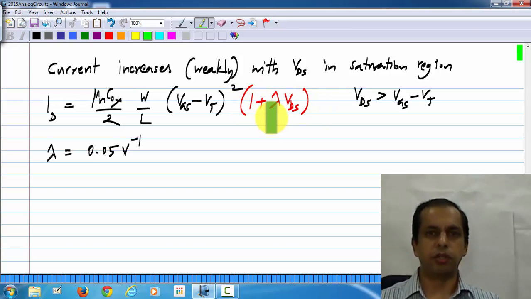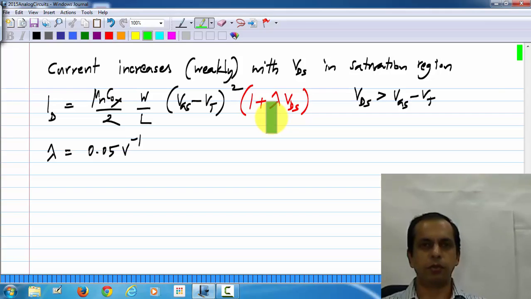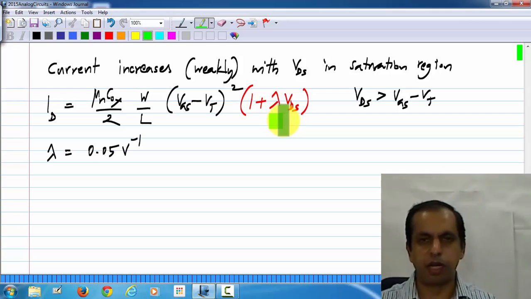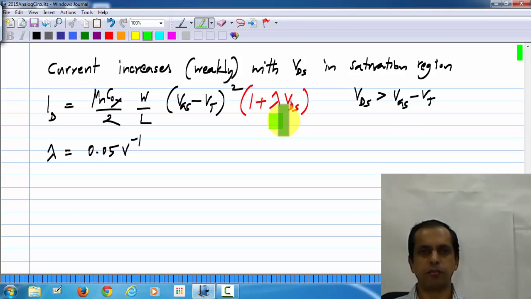It also depends on the technology itself. We will not go into those details. As far as we are concerned, lambda is an additional model parameter for the MOS transistor. And this correction factor appears only in the saturation region, because the physical phenomenon by which this current increases is known as channel length modulation, and that happens only in saturation region.